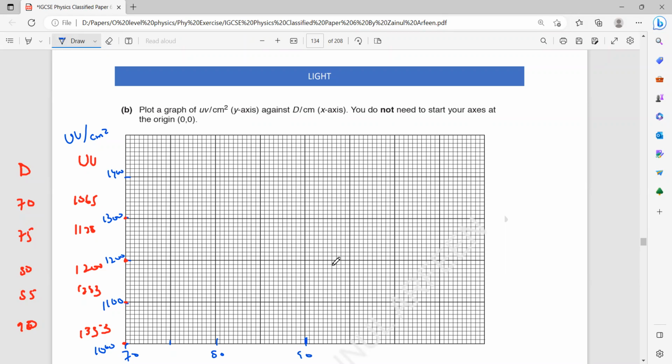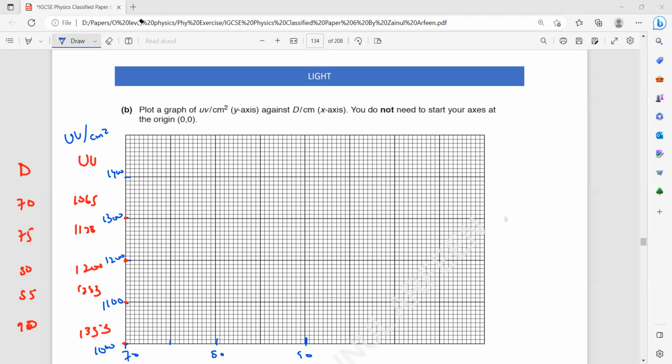But usually whenever you plot a graph, if I select this as my scale, what is the drawback? I should use more than 70% of the axis. If I'm using this as my scale, I'm using only 50% of the x-axis, so that is not the right scale. The right scale is the one in which you are using about 70% of the axis.